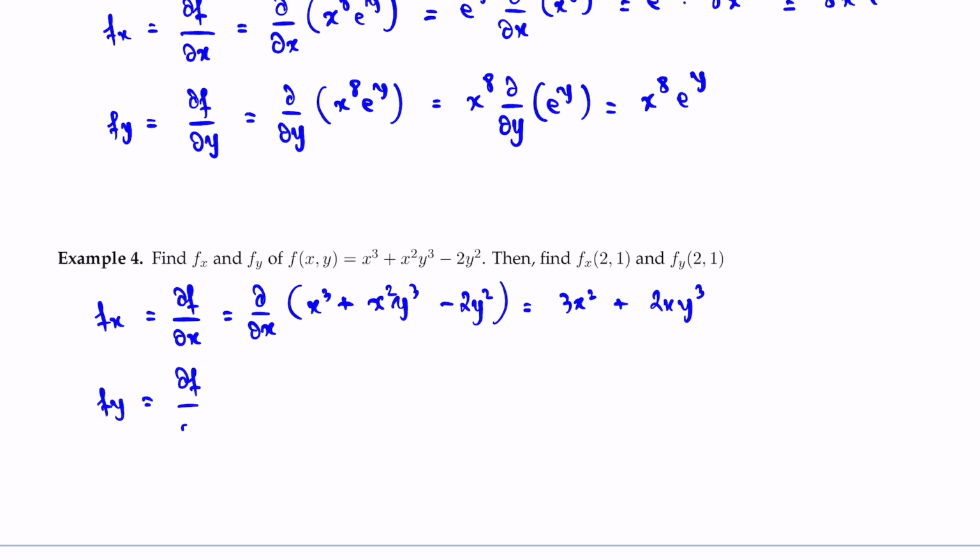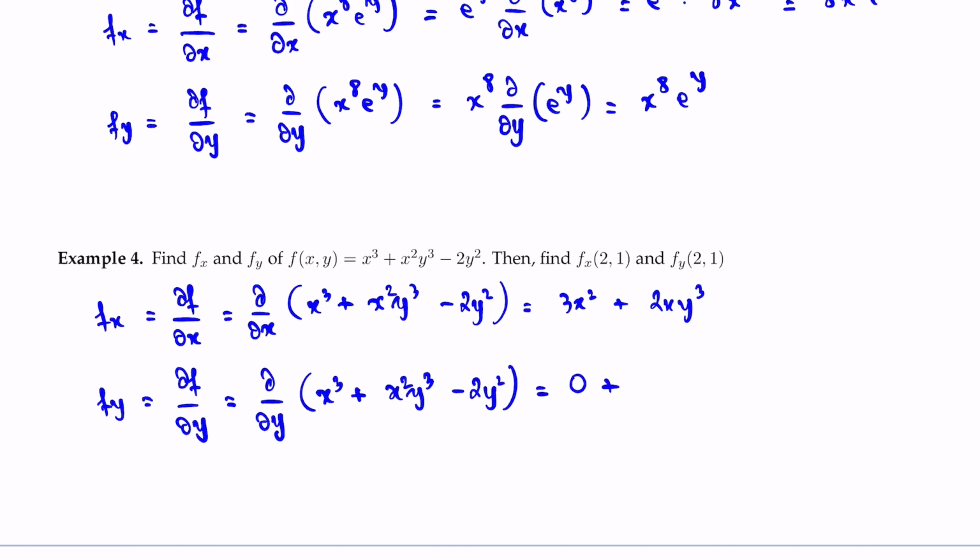Now for f sub y, the partial derivative of the function with respect to y, or partial f partial y, you get partial y of x cubed plus x squared y cubed minus 2y squared. In this context, x is a constant, therefore x cubed is also a constant, and x squared is a constant. So the partial derivative of x cubed with respect to y is equal to 0.